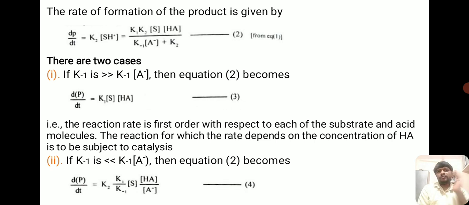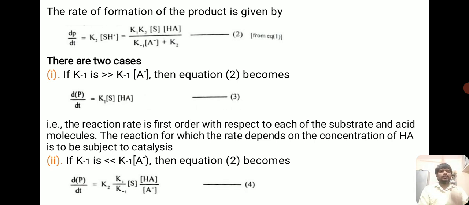So, here we have two cases. In the first case, if K2 is very much greater than K-1 [A-], then the above equation, that is equation number 2, gives rise to dP/dt is equal to K1 [S][HA].